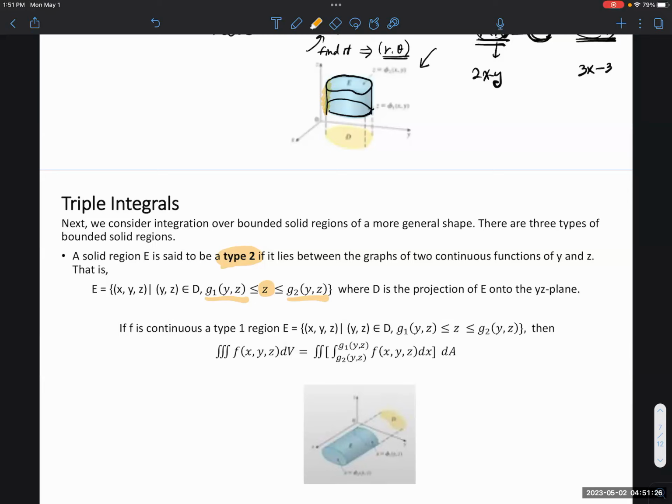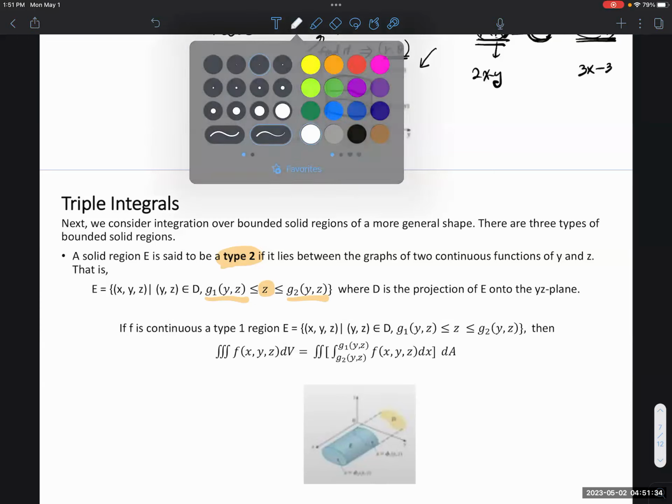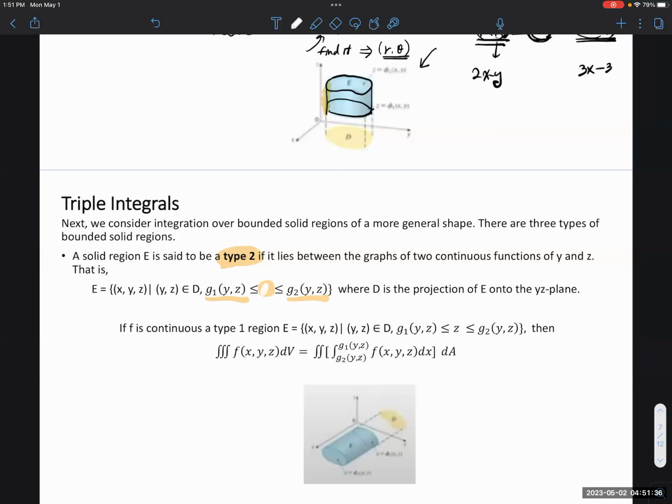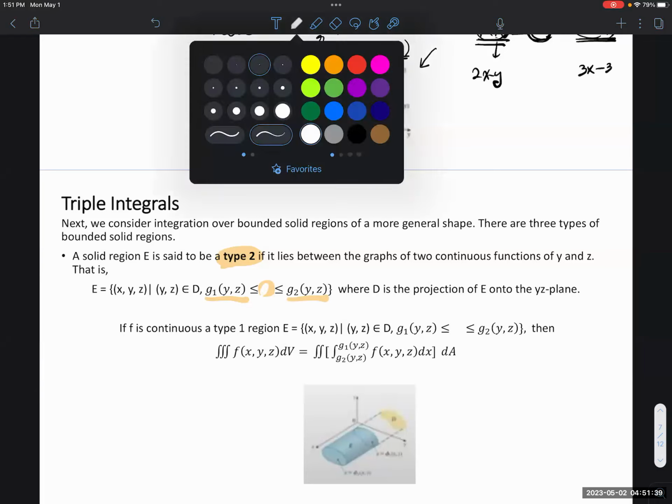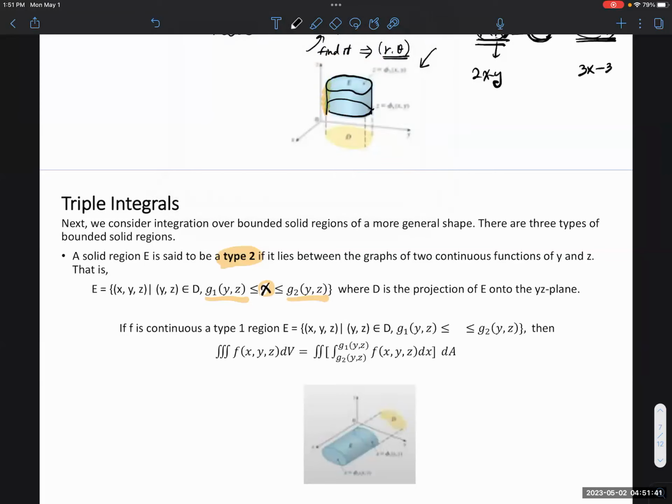That's type 2. So we have type 1 and type 2. Actually, I have a little bit of a typo. My bad, this one should be x, because we have 3 variables. So that should make sense now.